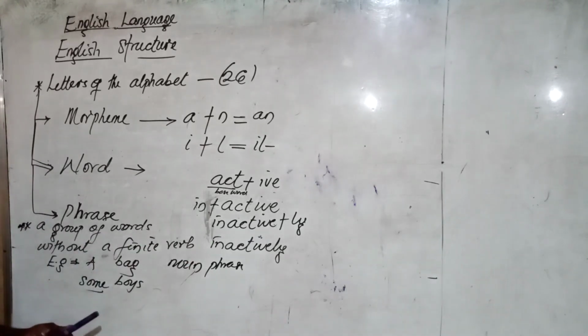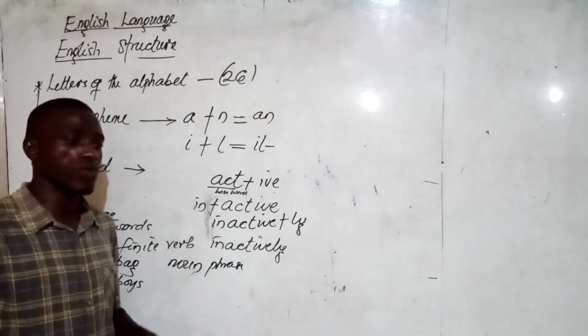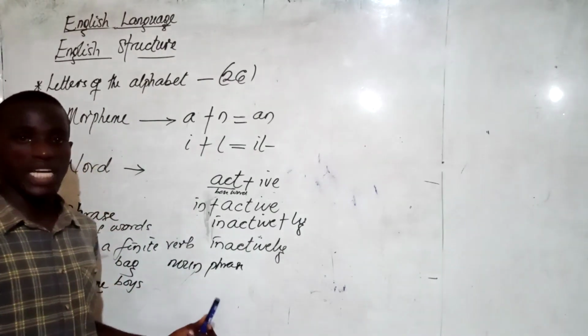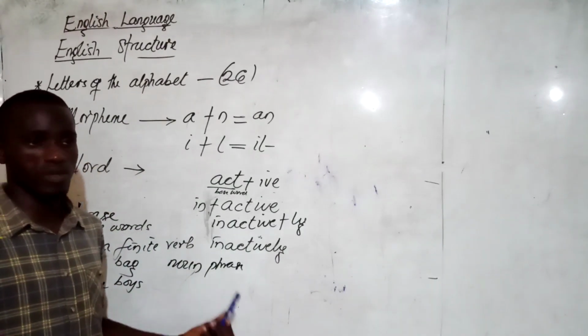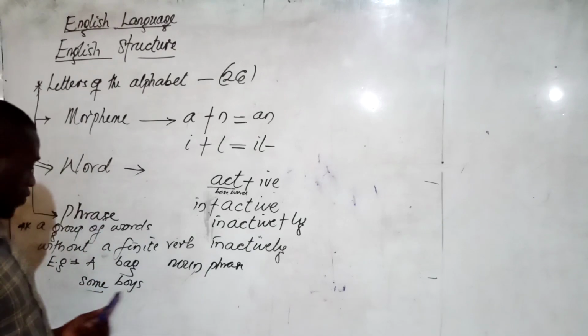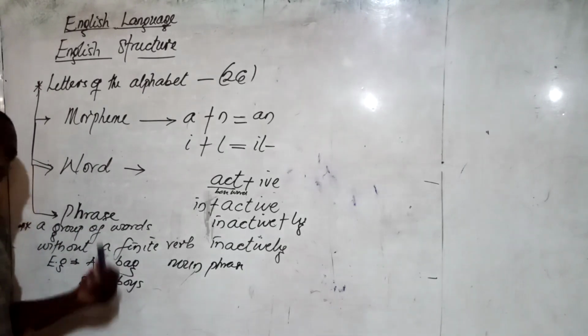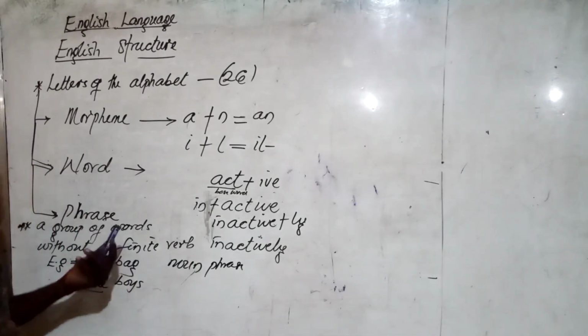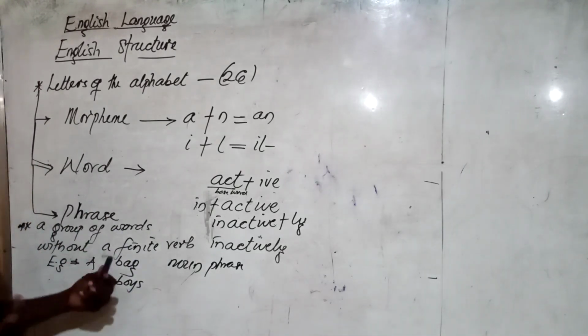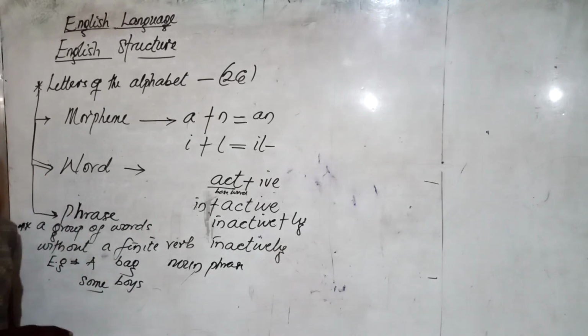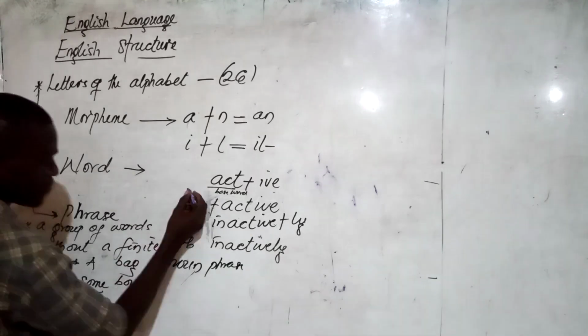If I say some boys, it doesn't tell you any more information that is very meaningful. You only know boys, and of course there are some. So what happened to them? Where are they? Who are they? You aren't sure of what is next. So it's a phrase because of the absence of a finite verb.